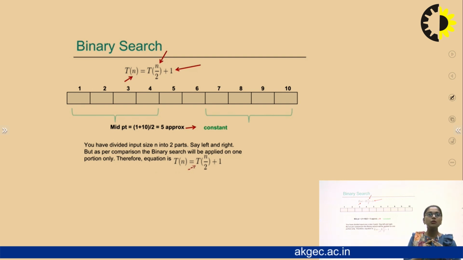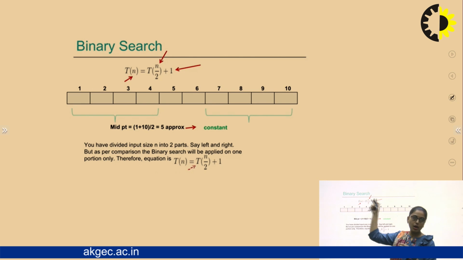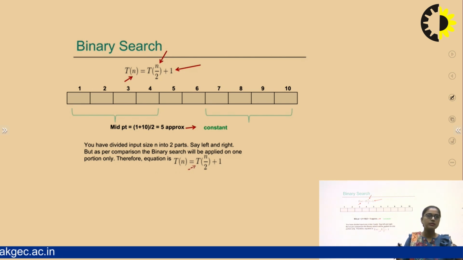If the whole complexity of this algorithm is T(n), it is calculated as T(n/2) + 1. How do we get T(n/2)? Because we are dividing the work into 2 parts.